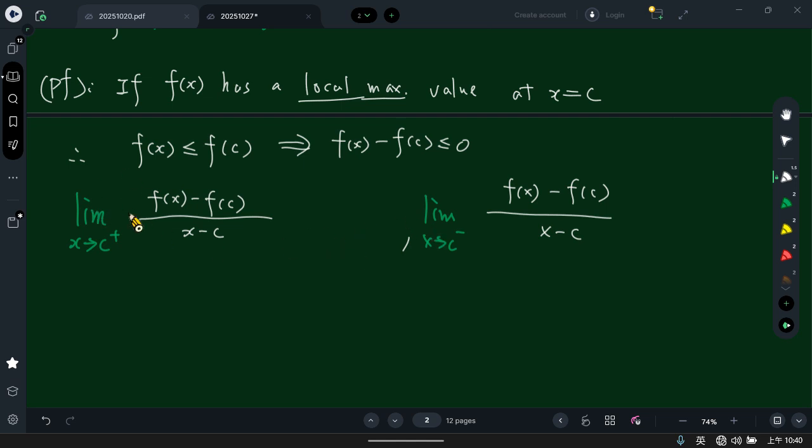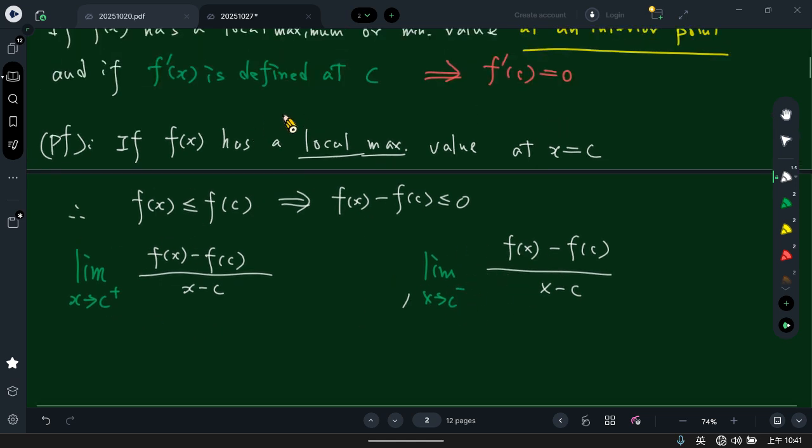This is the one-sided limit from the right hand side, and this is the one-sided limit from the left hand side. If the limit exists and these two limit values are the same, then f prime x is defined, that means it is differentiable at this point. So the two one-sided limits exist and are also the same.